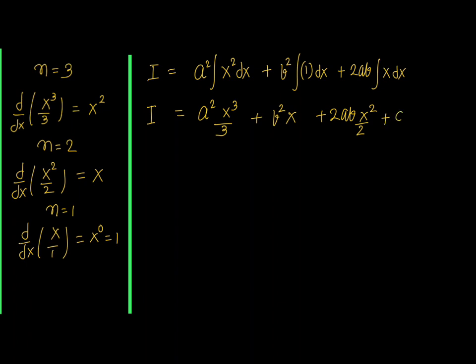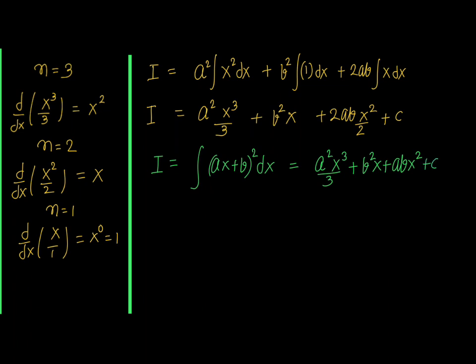So from here I can also write I, that is the integration of ax plus b whole square, equal to a square x cube by 3 plus b square into x plus ab into x square plus constant of integration c.